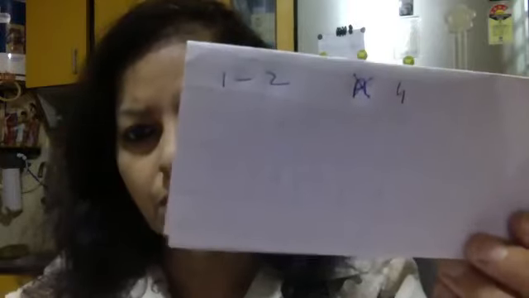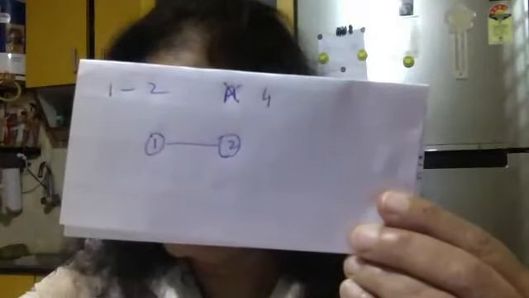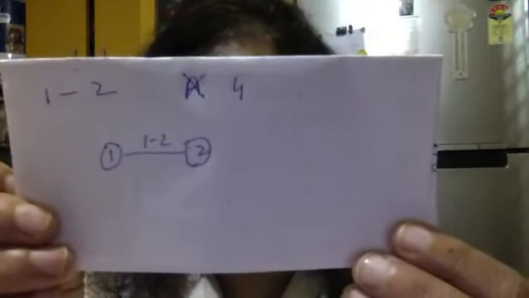1 to 2 means you have to draw a diagram from 1 to 2. 1 is an event, 2 is an event. An event is drawn in the form of a circle. So, like this, event 1 to event 2. You can also write the activity on it, but it may not be necessary for us.